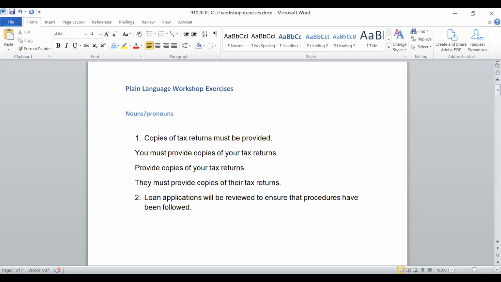So this is my best guess here. We will review your loan application to ensure you have followed procedures.